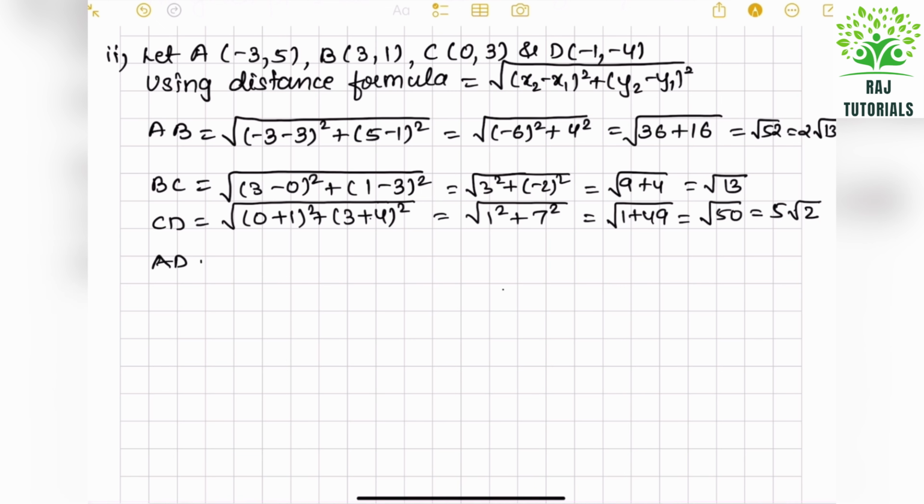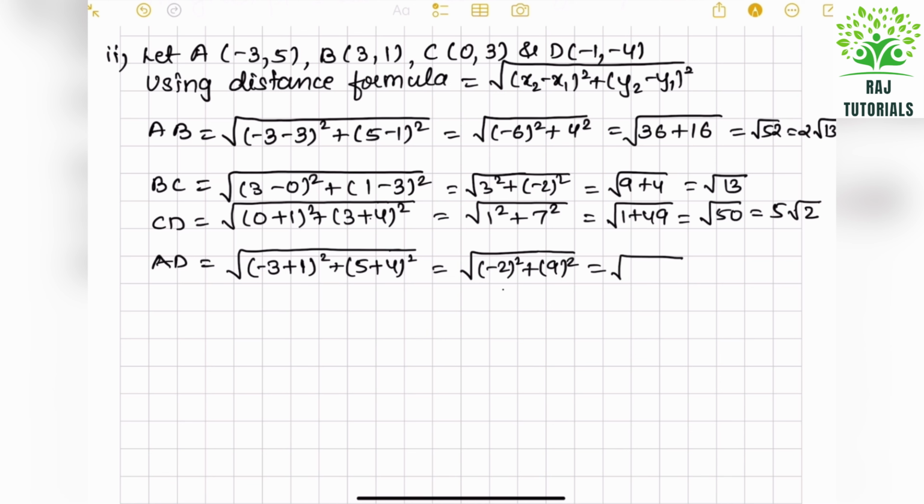So 5 root 2. And AD: (-3 minus of minus 1), so plus 1, and (5 minus minus 4), so plus 4. So this will be (-2) square plus 9 square. So (-2) square will be 4 plus 81. So that is root 85.